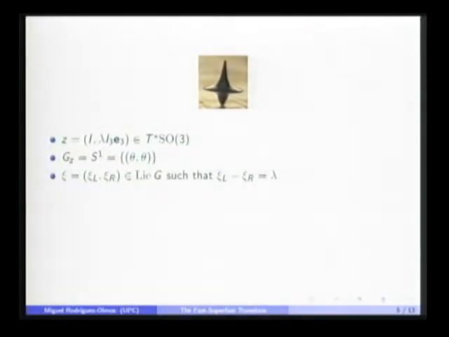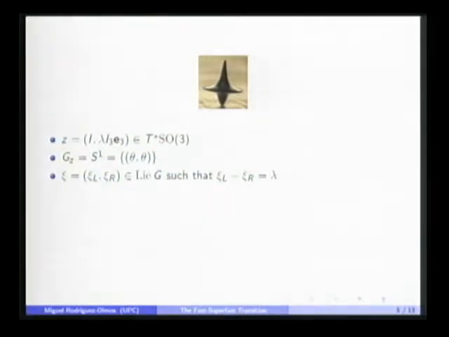Or, if you want, you can think that the body is orbiting around the vertical axis but also spinning about the symmetry axis, which is the same as the vertical axis because of this position. Then you can only talk about the difference between the orbital angular velocity and the spinning velocity.